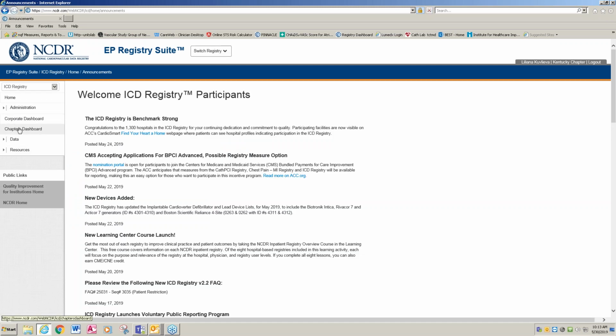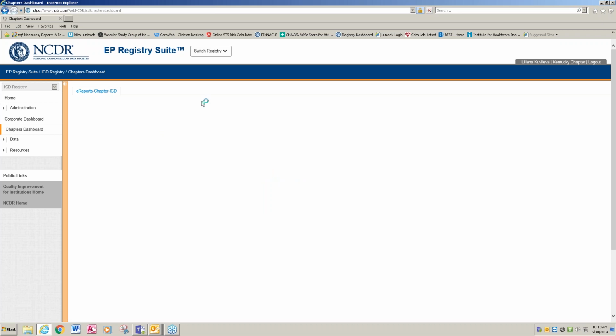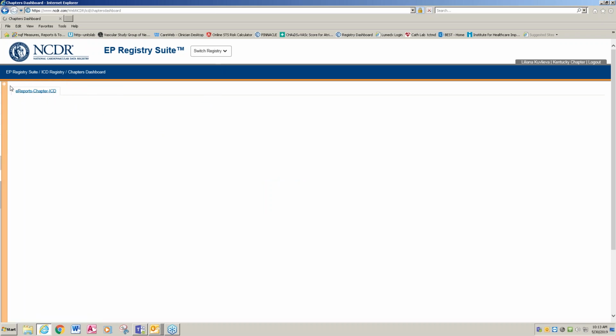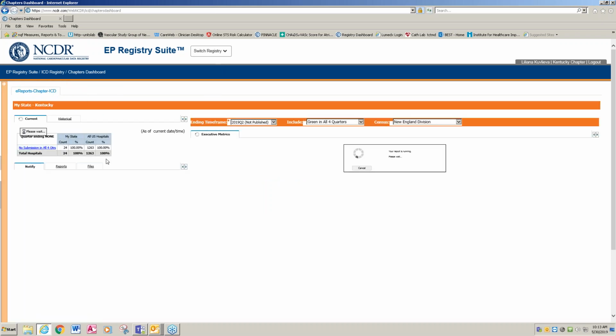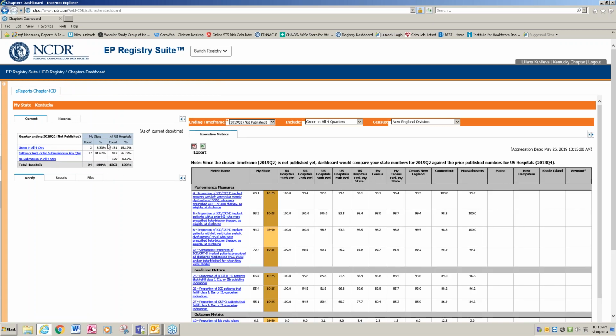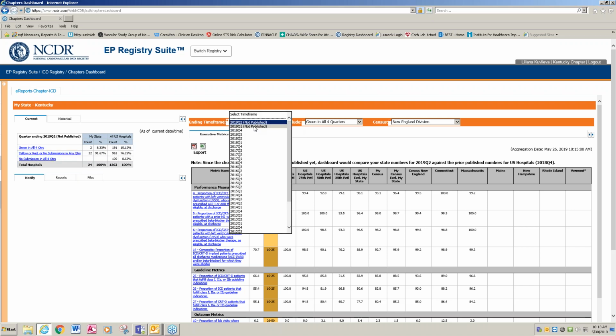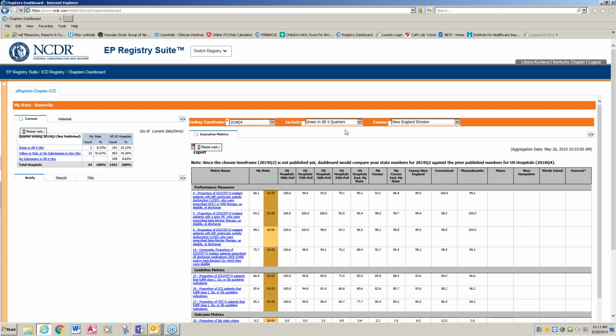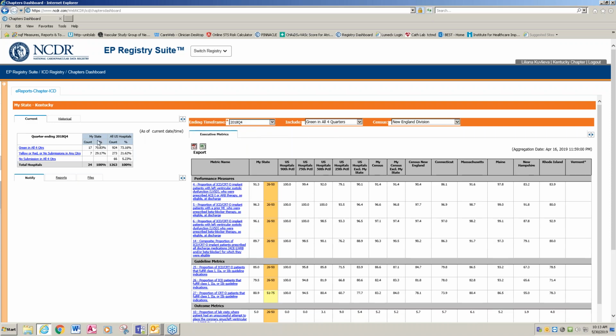We go to the chapter dashboard. And it's exactly the same way. We're going to see here how many hospitals are participating. And we have a lot that are yellow. Let me see, this is the first quarter now. Let's choose quarter 4. This is the last completed quarter. And we're going to choose all the hospitals. And this is in our chapter, East South Central Division.